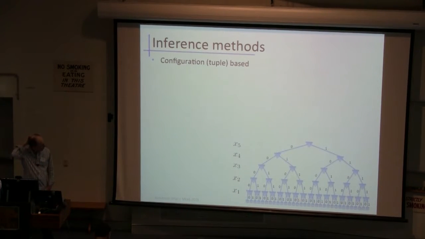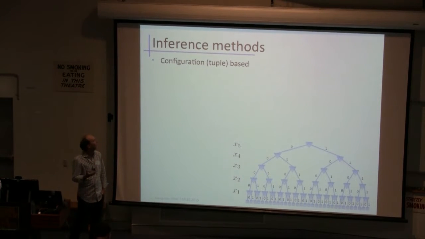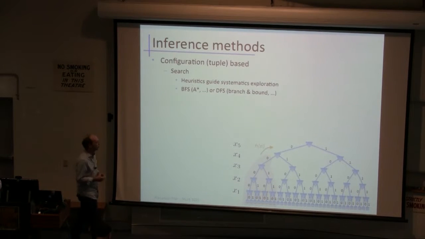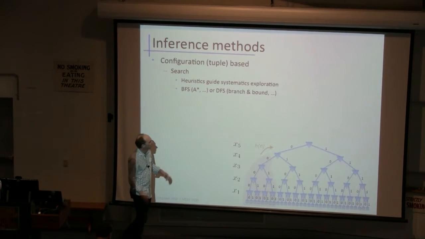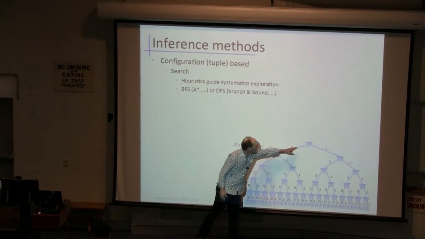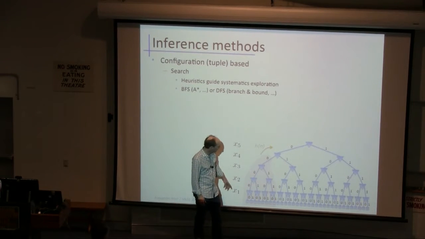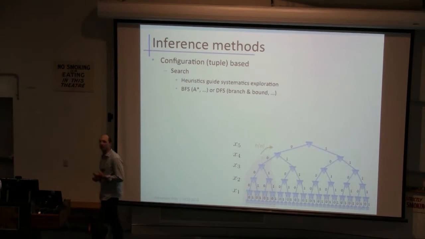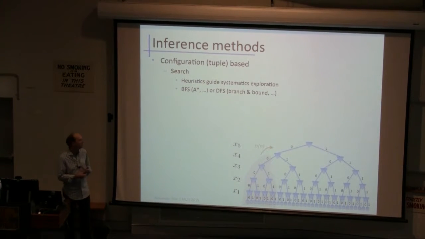So one framework that you might think about, I'll call configuration or tuple-based, where we reason about a complete configuration of the entire system. So these are things like search. So we might have a search tree. So here we have a level of nodes for each variable, and the leaf nodes correspond to all of the exponentially many configurations of the system.